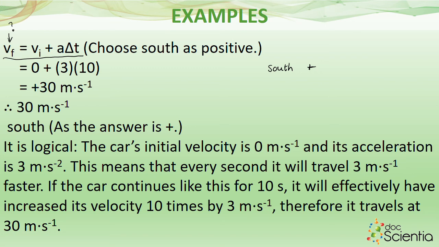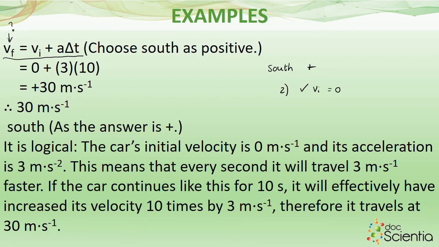Okay, goed, so hier begin ons weer van voor af vir nommer 2. Volg ons stappies. Wat weet ons? Gaan weer terug na die oorspronklike inligting toe. Go back to the original information. What did they give us? Hallo, wat gee hulle vir ons? Hy begin uit rus. What does that mean? Initial velocity equal to 0.